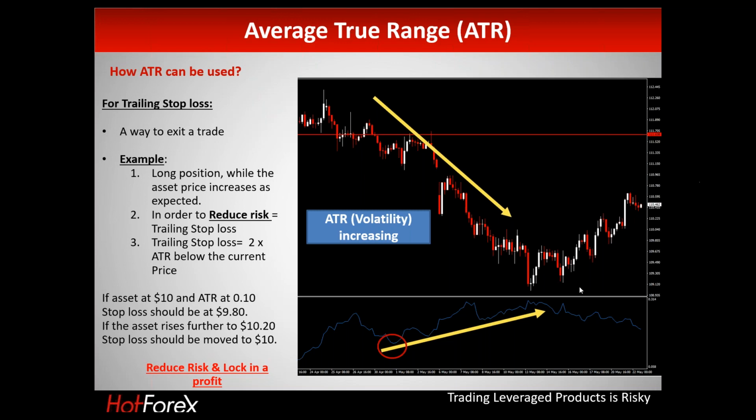If the price is moving upwards in our favor, we continue to move the stop loss to 2 times the ATR below the price. So as the price moves higher, we continue moving the stop loss higher.